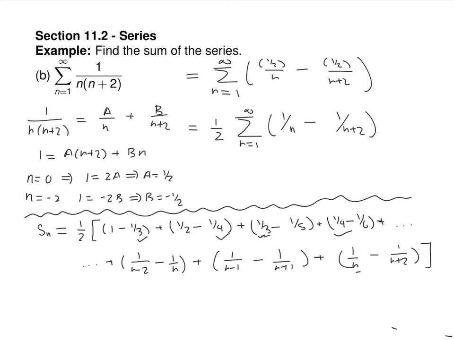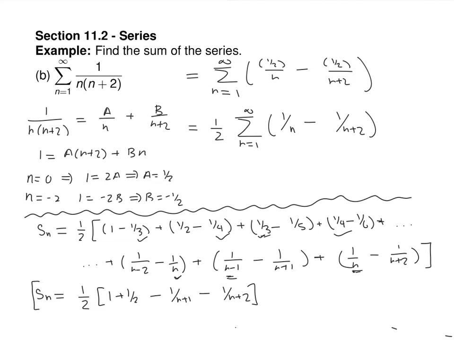And you can see here, this 1 over n will cancel with this 1 over n. This 1 over n minus 1 will cancel as soon as we write another term down. So in this case, the only terms left are the 1 plus the 1/2 from the beginning, and the -1 over n plus 1, and the -1 over n plus 2 from the end.